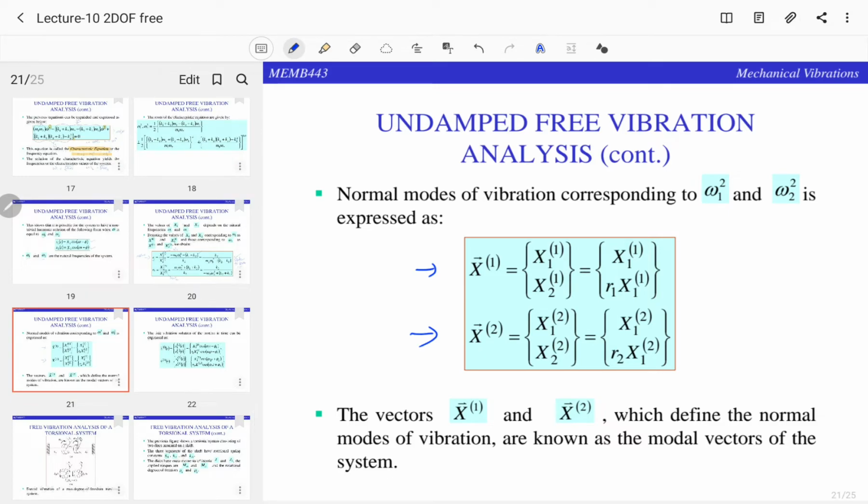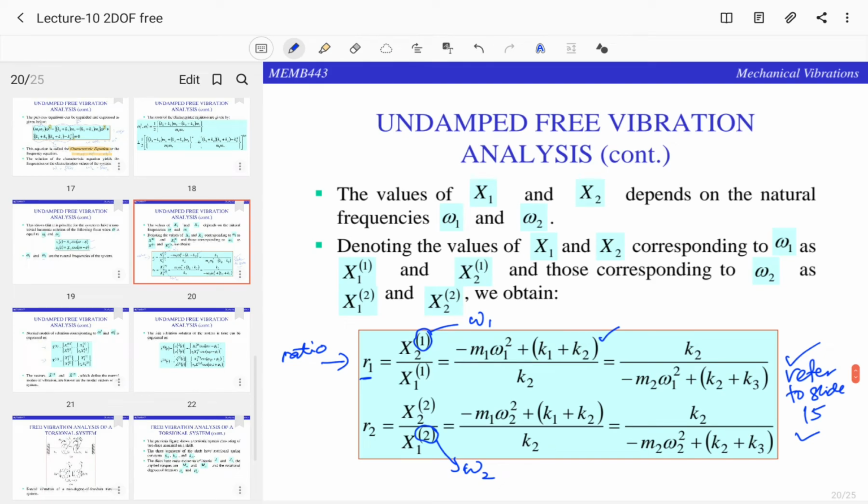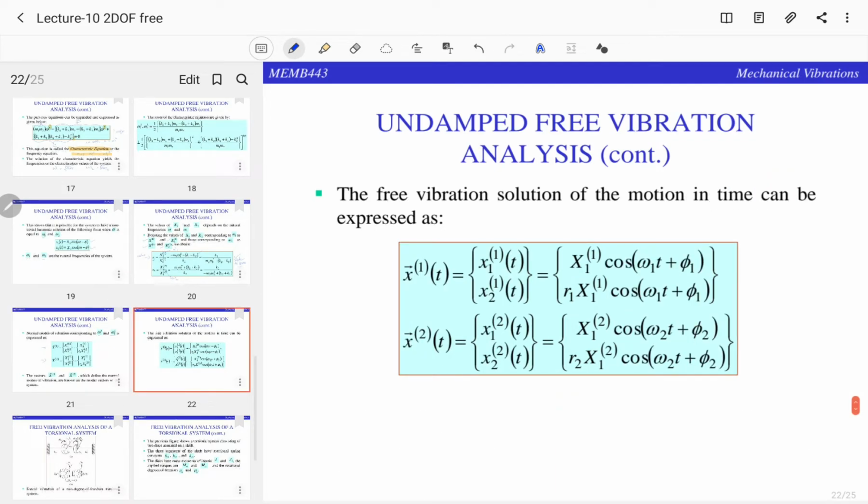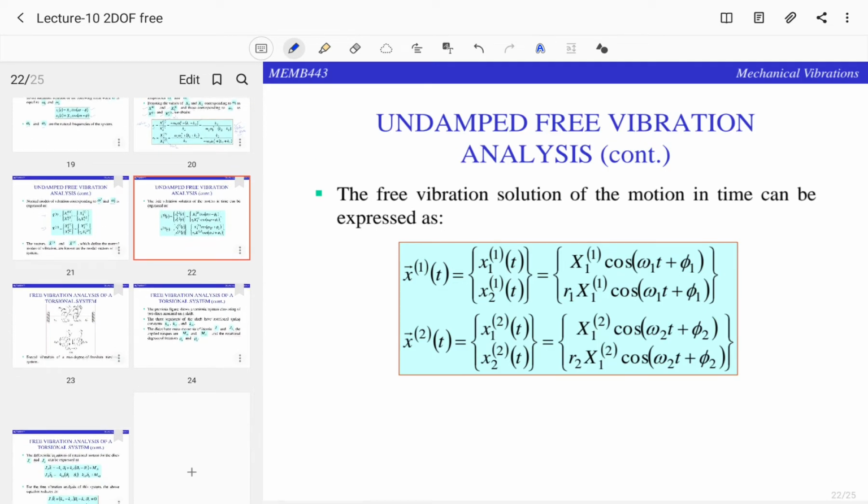But basically you need to get the relative values of these four parameters. Then you can rearrange in terms of ratio or in this form. You want to get those parameters evaluated at the respective omega. Maybe after an example it will be clearer. So you can also express it as such.